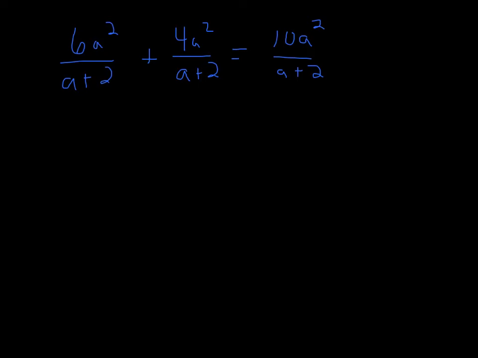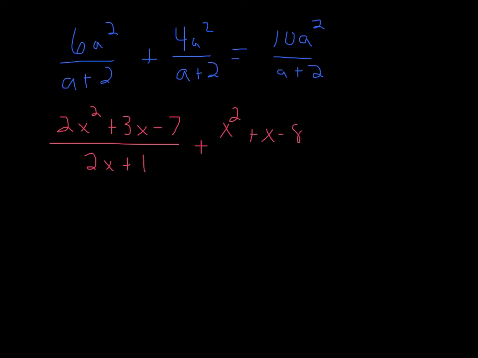Alright, so example 3 gets a little bit harder. So we have 2x squared plus 3x minus 7 over 2x plus 1. And then we're going to add that to x squared plus x minus 8 over 2x plus 1. Okay, our denominators are the same. And so what do we do here, right?